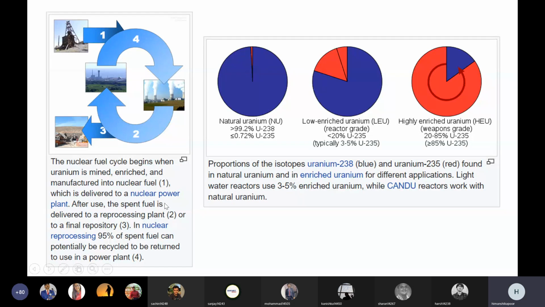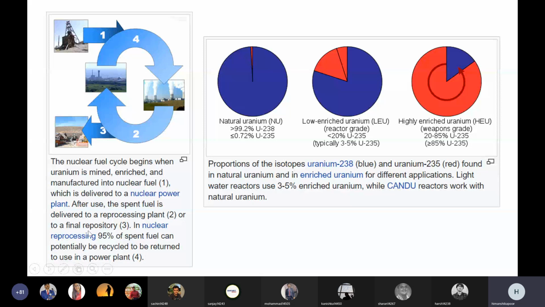So you understand the fuel cycle? Yes, ma'am. So first of all, the uranium is mined, enriched, packed into fuel rods and sent to nuclear power plants. There it is used, and after the usage, the spent fuel is delivered to a reprocessing plant.